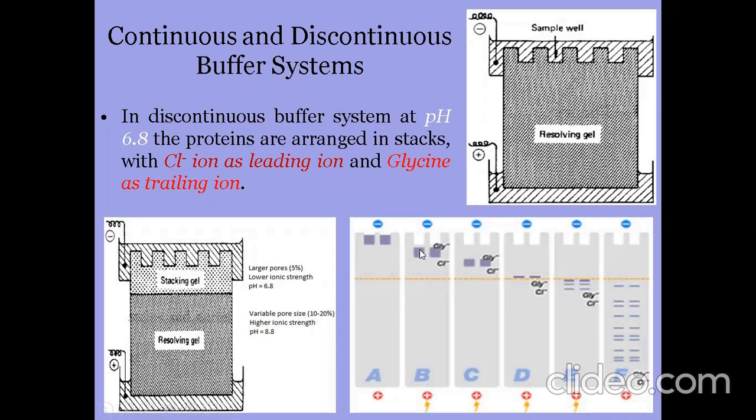When the proteins or macromolecules move, the chloride ions will be the leading ions. They move ahead, and glycine moves after them, that will be the trailing ions. So chloride ions work as leading ions and glycine as trailing ions. Both are negatively charged, and this will be the negative electrode, the cathode, and this will be the anode. So glycine will be the trailing ion, and chloride will be the leading ion.